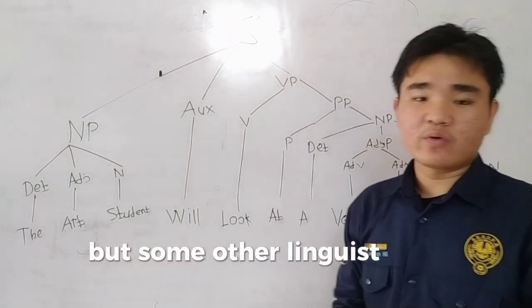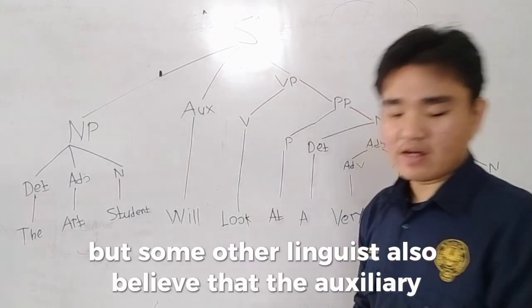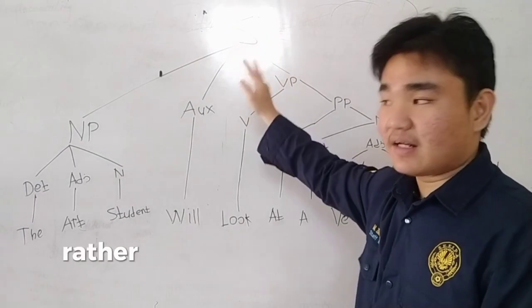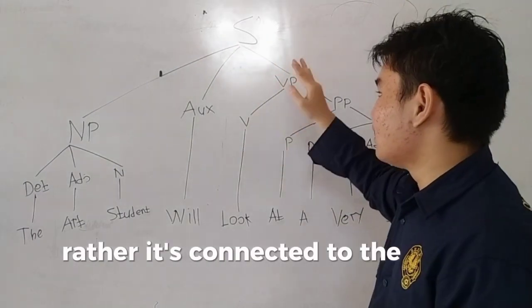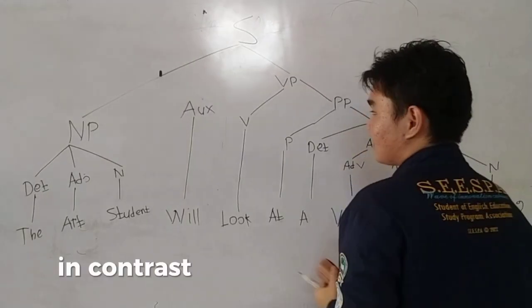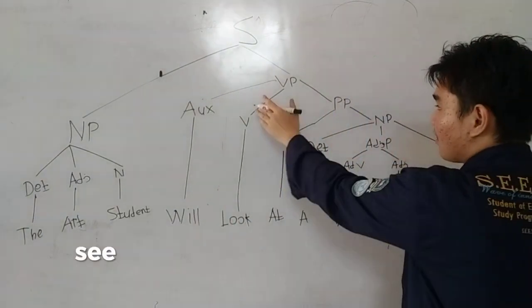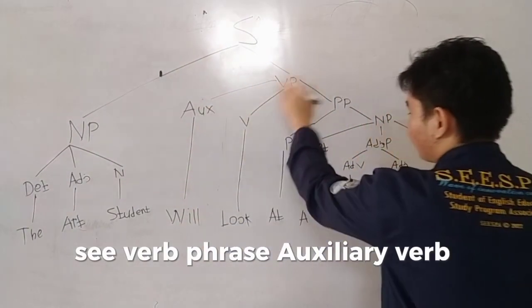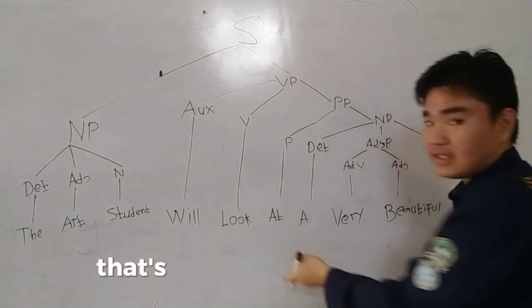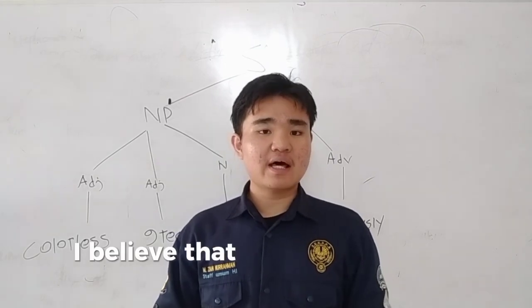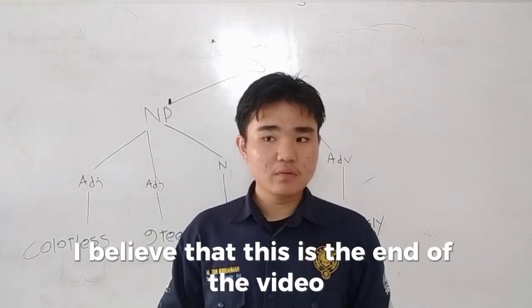But some other linguists also believe that the auxiliary verb is not directly connected to the sentence. Rather, it's connected to the verb phrase. In contrast, it should look like this. See? Verb phrase auxiliary, verb phrase verb. That's the whole idea. I believe that this is the end of the video.